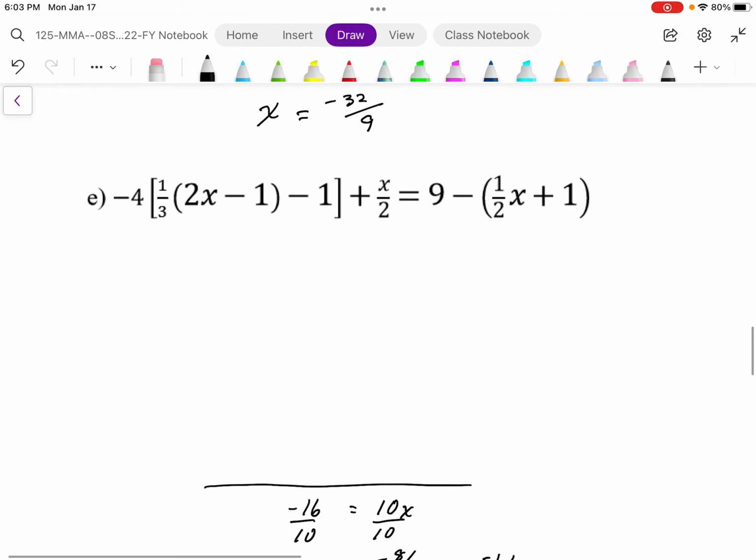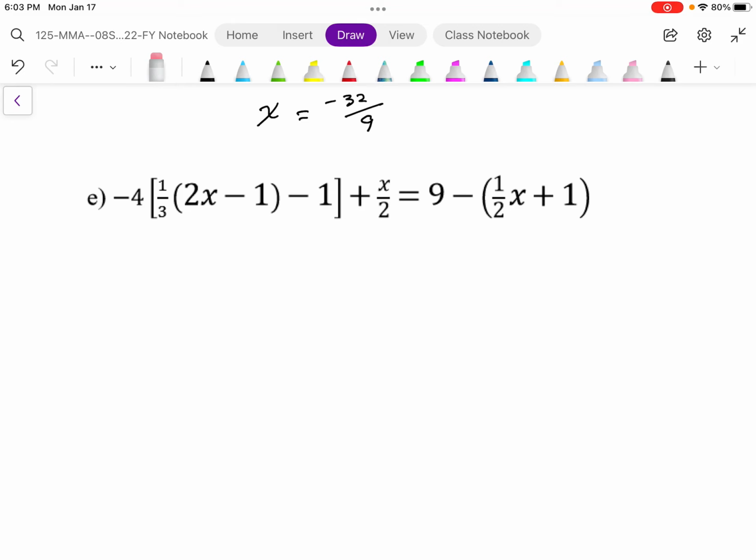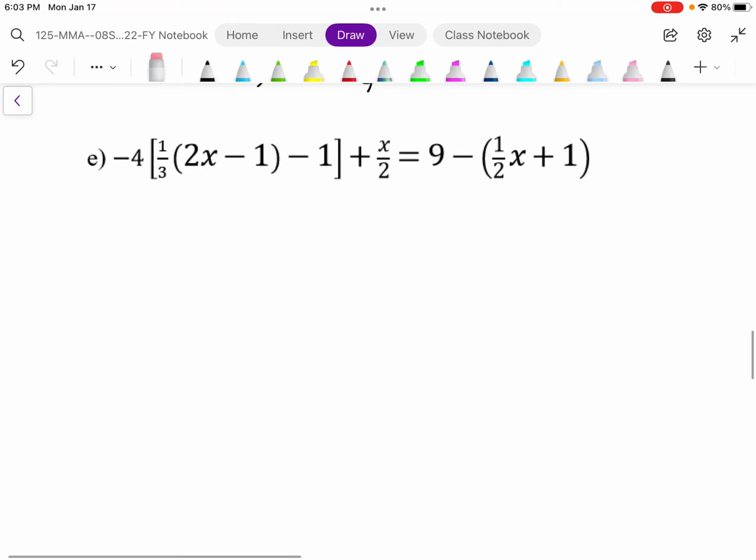In E, we have to be a little bit careful because we have brackets in brackets. The problem with this is that we have lots of times embedded in here. So if I tried getting rid of the divide by 3 and divide by 2, multiplying like this, it can be done, but it's a bit complicated because we have to be careful of this times here.